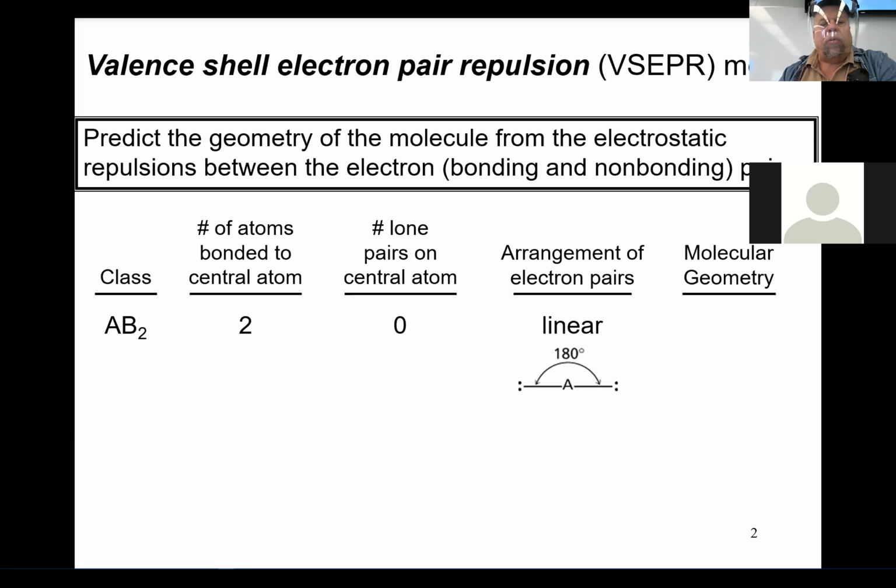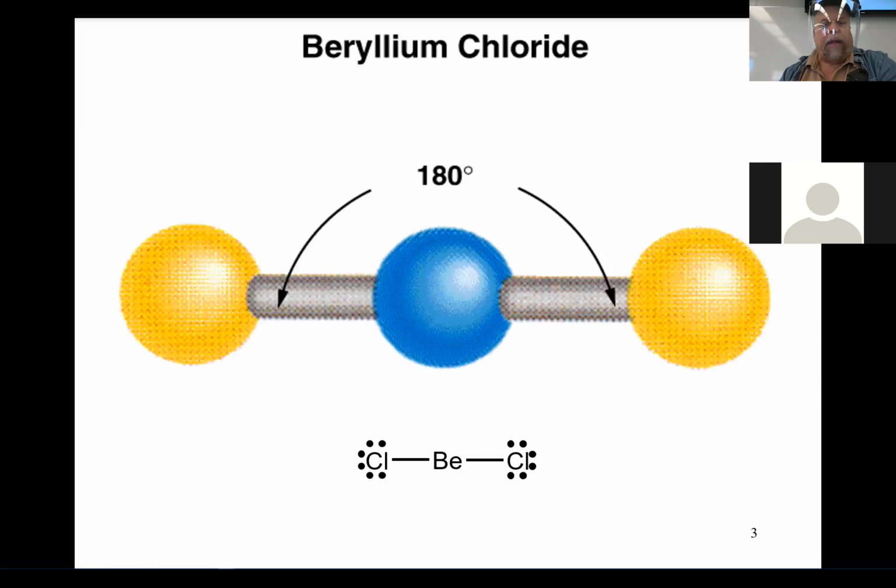The arrangement will be linear, and the molecular geometry will be linear, okay? And a great example of that is beryllium chloride. Where are the electron pairs in beryllium chloride?